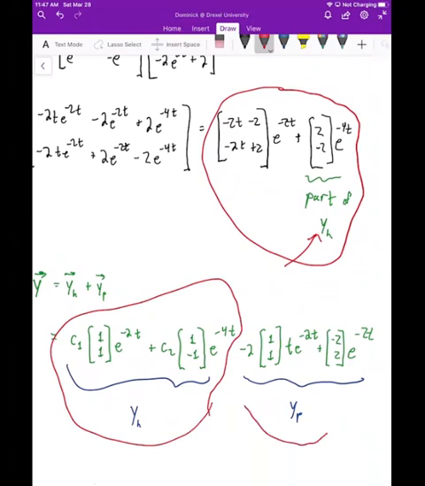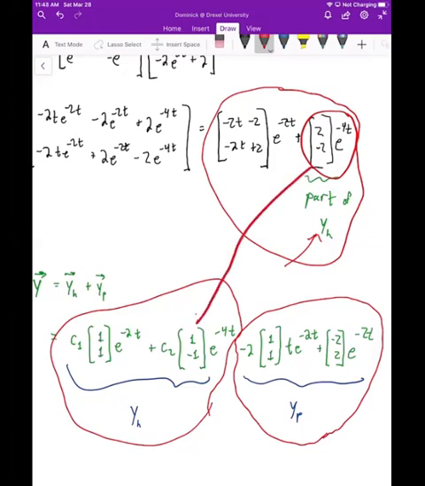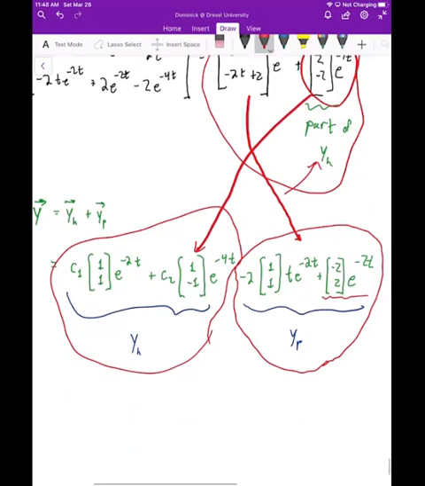And of course, the particular part, this negative 2 e to the negative 4t term can just be absorbed into this constant here. But this other part, this negative 2t, still needs to be part of our particular solution. And I guess if you really wanted to, you could do the same with this term here and absorb it into that other part. But this is going to give us our general solution here.